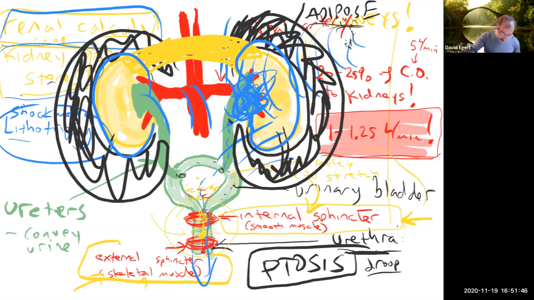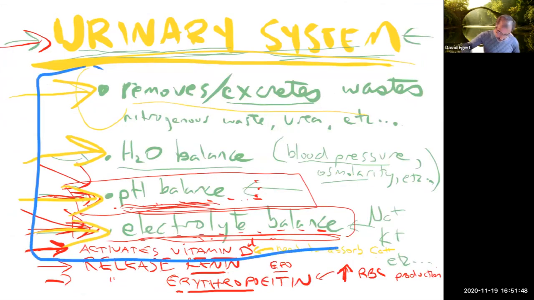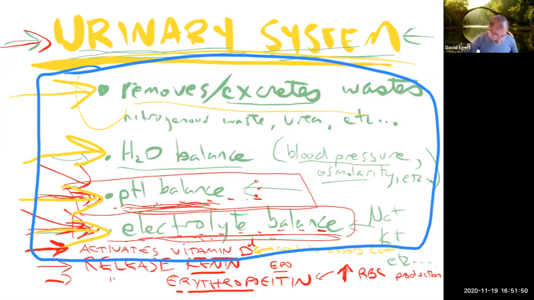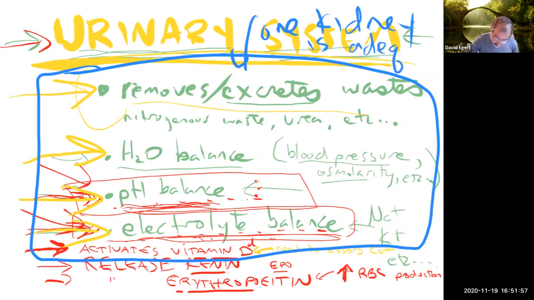Normally, one healthy kidney can do this, which is why it is possible to donate your kidney to somebody, because one kidney will still be able to continue doing this stuff.